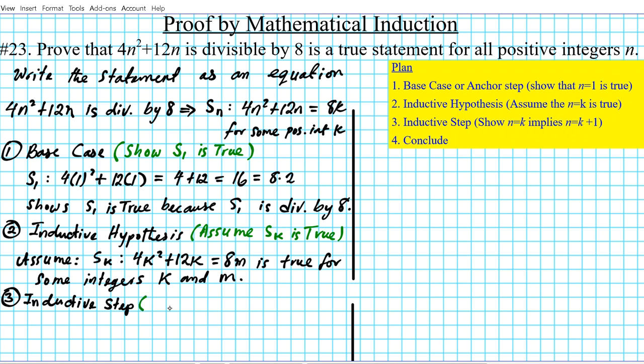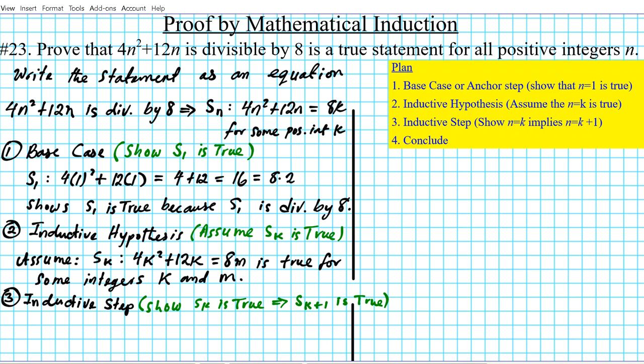So let's just write down what we're going to do here. We want to show that if S sub k is true, it's just like a domino, right? It automatically follows that the next step, S sub k plus 1, is true. So that basically shows that the statement will be true for all positive integers. That's the beauty of mathematical induction.